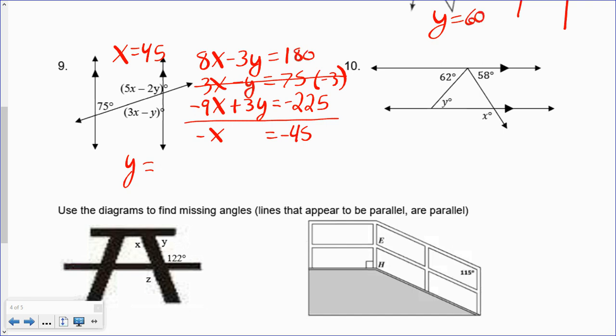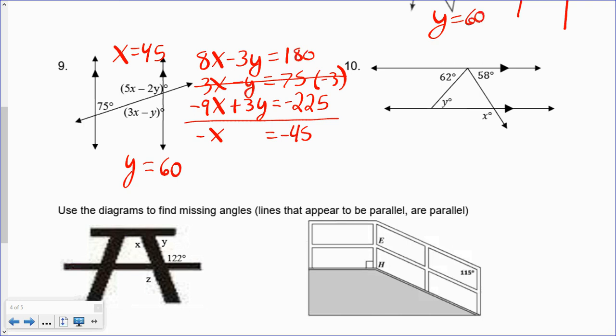Negative 180. And then divided by negative 3. Yeah. Why is it 60, guys? Haley, you got it wrong. Y equals 60. Haley, Y equals 60. All right, what's Y? 60. Everybody get that? Yes.